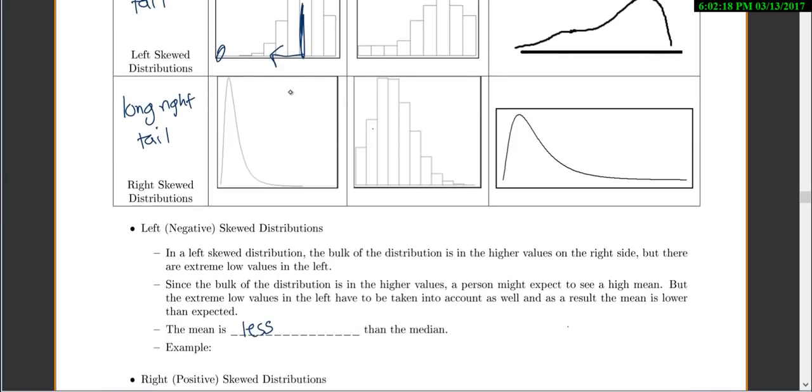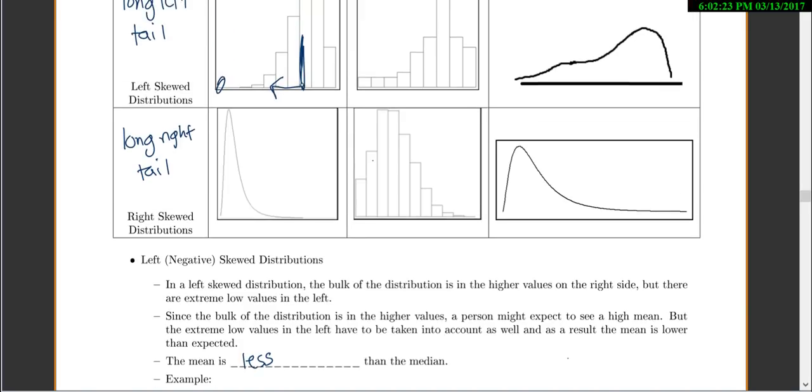So let's try and think of some examples of when you'd have a left skewed distribution in life. So most people have high values, but there's a few people with low values. I'm a teacher, so I always think about things for teaching. The first one I thought of was scores on an easy test, because most people will have high scores, but a few people just didn't study and get low scores.